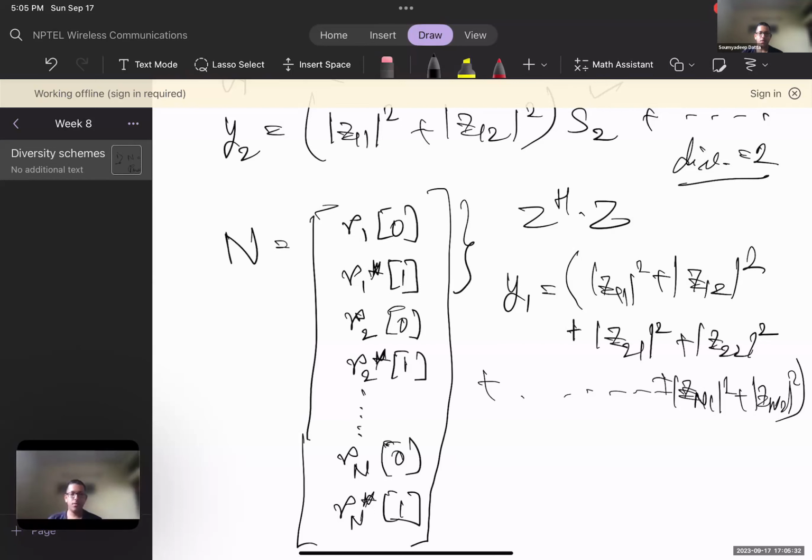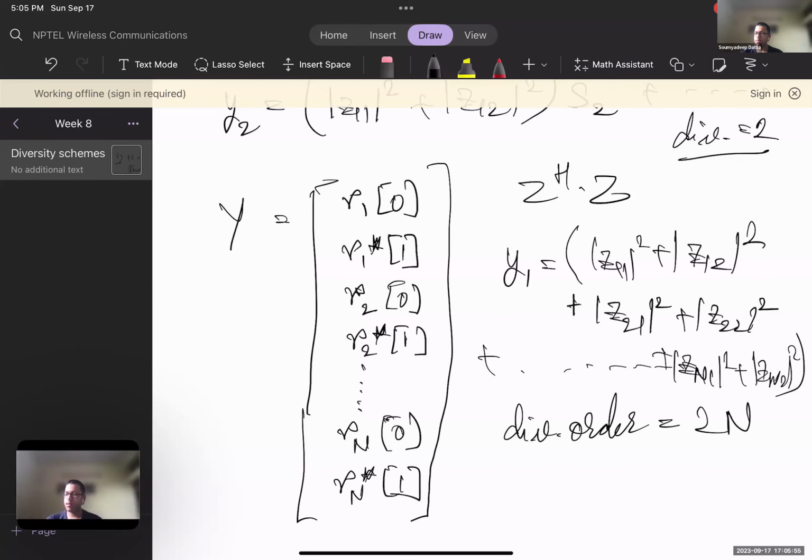Hence, for each antenna there will be a diversity order of 2. For n antennas, it will become a diversity order of 2n. I'm doing this quickly; I don't think it's needed to do the full derivation patiently.